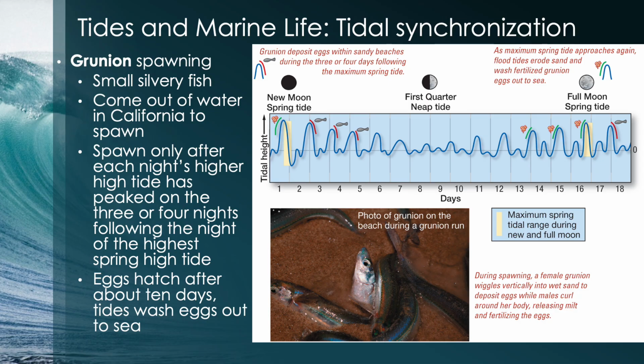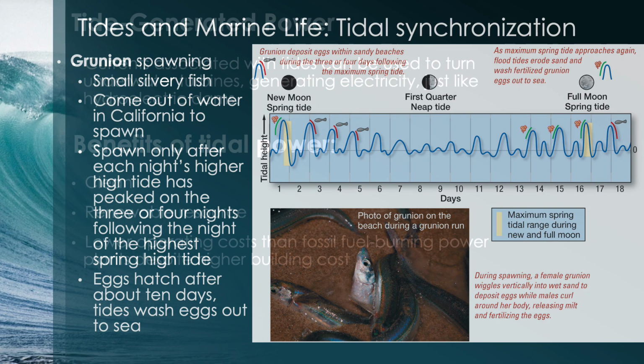So it's a very cool example of how evolution can cause organism life cycles and ecosystems to come together in unison to benefit these species that have evolved in that way.